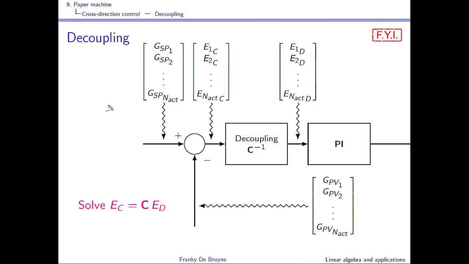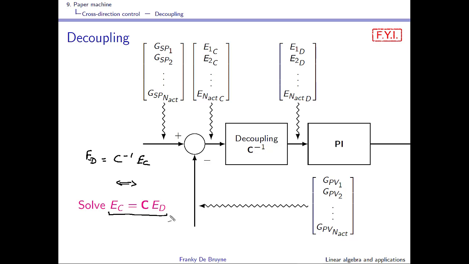So the decoupled error vector is constructed from the coupled error vector by computing c minus 1 times the coupled error vector, and this is equivalent to solving this equation over here.